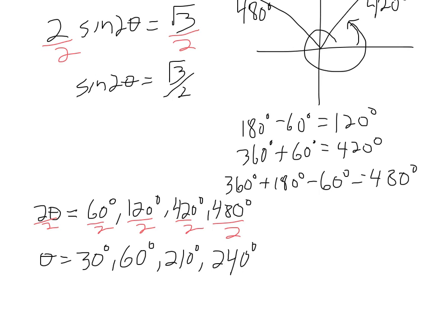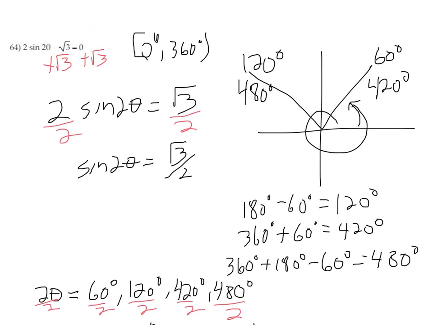So when you finally get solving for the trig function and it's a multiple angle like 2 theta, 3 theta, 1/2 theta, whatever it is, that number tells you how many times around the circle to get your answers. Now this is only for problems like this one where they specify one time around the circle. If they say find all solutions, we're going to be doing 60 plus 360k, and 120 plus 360k, and that'll be that.